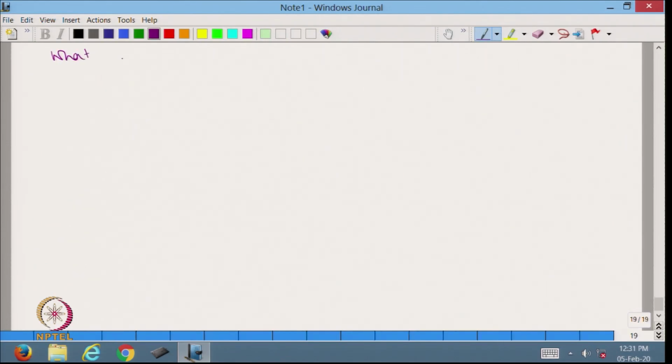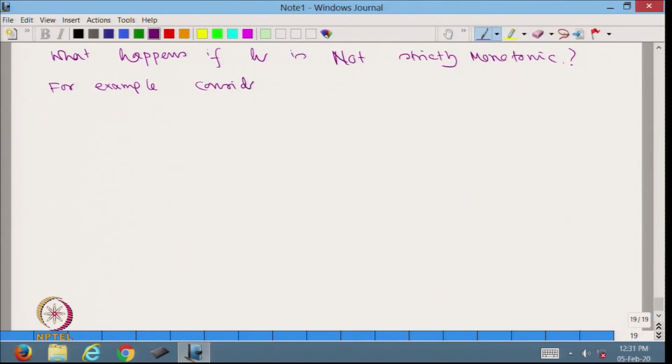What happens if h is not strictly monotonic? That is the question. For example, consider y is equal to x square.